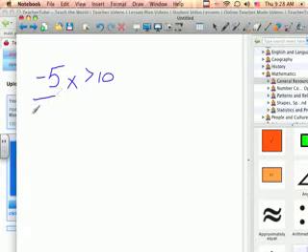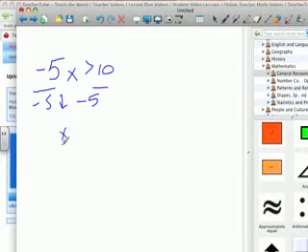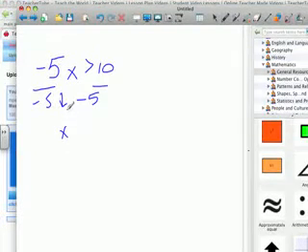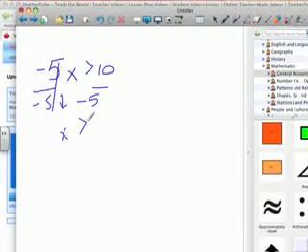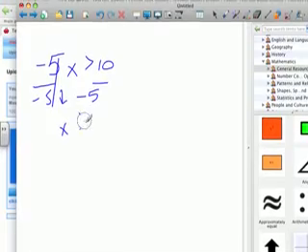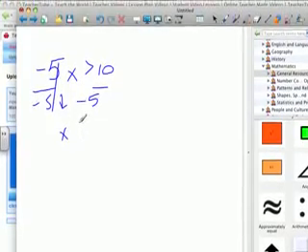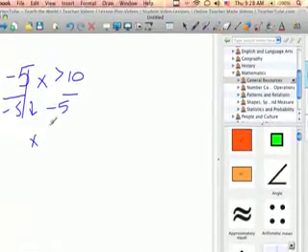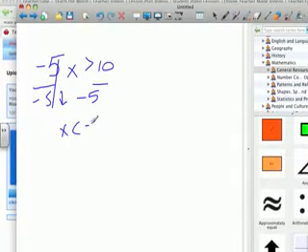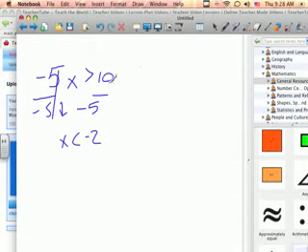So I'm going to wind up switching this inequality arrow. So x isn't going to be more than. I'm switching the arrow now, remember? Negative 2.